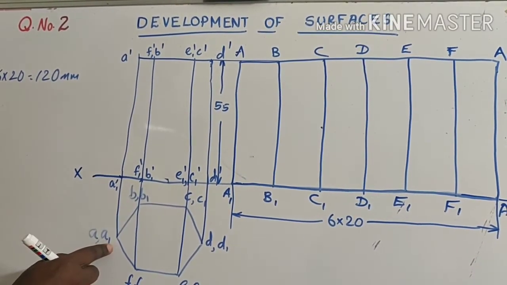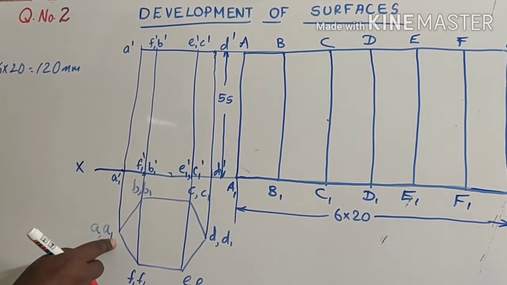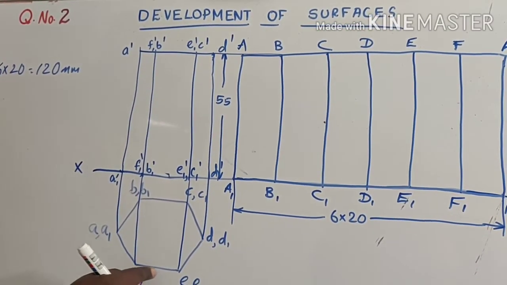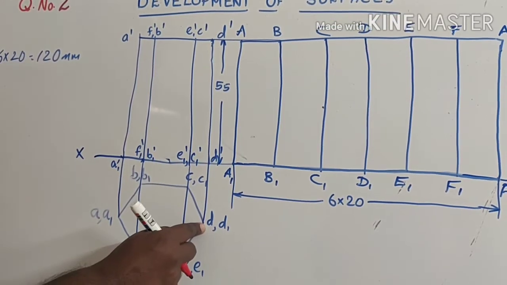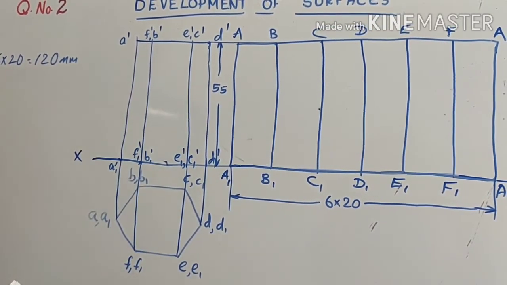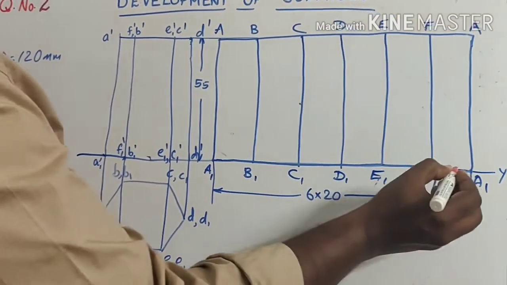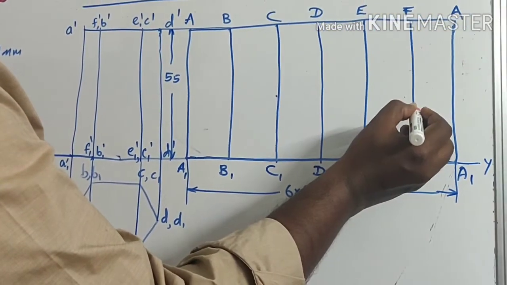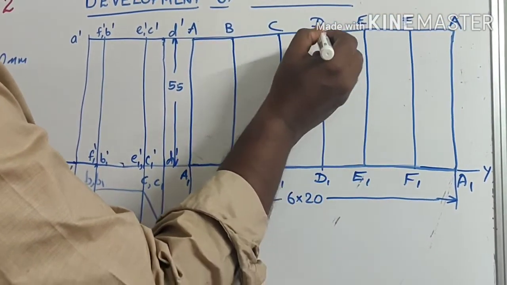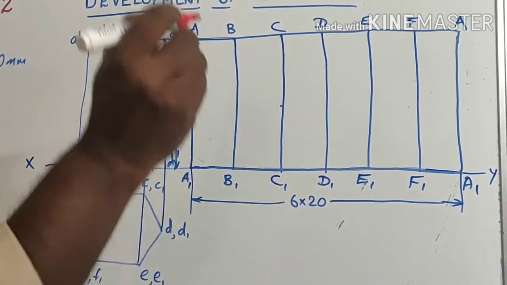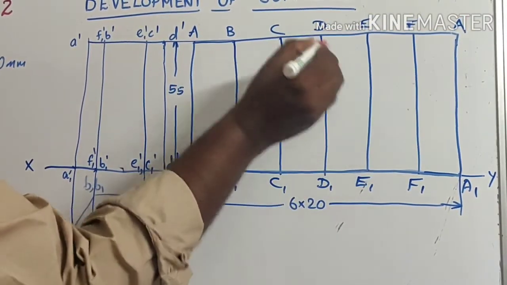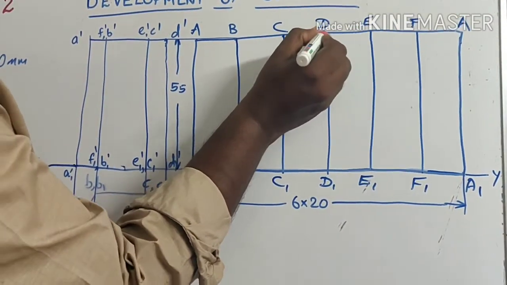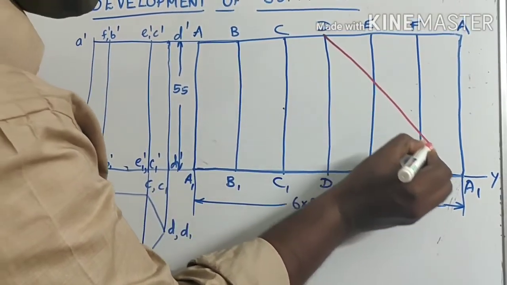If it passes starting from A1 and touching FF1, EE1, then reaching D, it is visible to the observer. It should be a straight line. Then only it will become the shortest path.